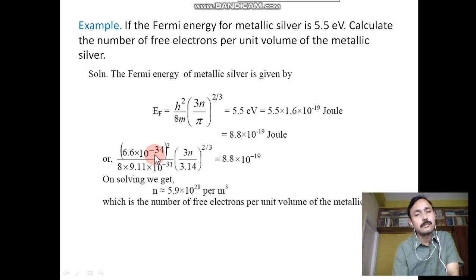So 6.6 × 10^-34 whole square by 8 into 9.11 × 10^-31, into 3n by 3.14, to the power 2 by 3. On solving we will get n is equal to 5.9 × 10^28 per meter cube. That means the number of free electrons per unit volume in metallic silver is 5.9 × 10^28.